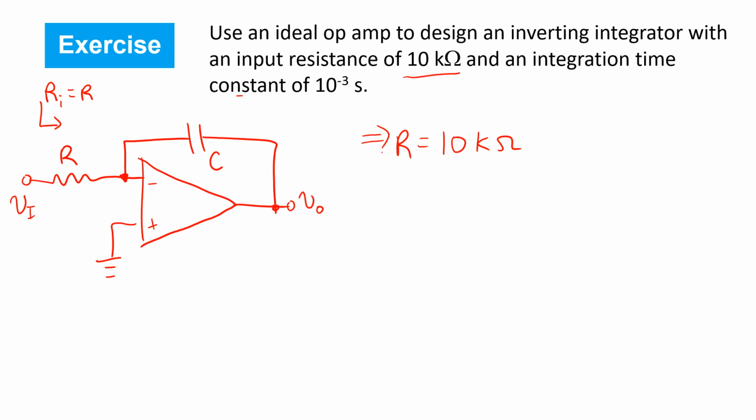We're also told the integration time constant. The time constant is the product C times R, or 1 over the unity gain frequency of the integrator. We're told that that's a millisecond.